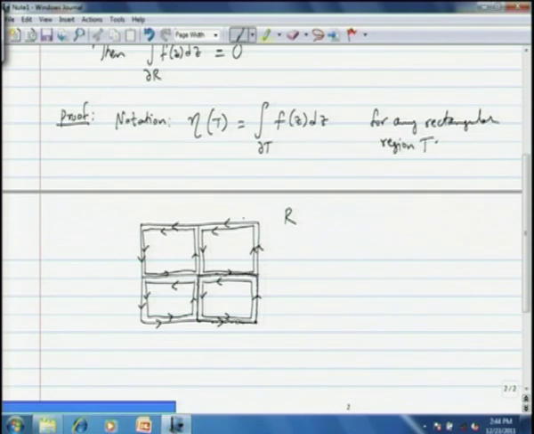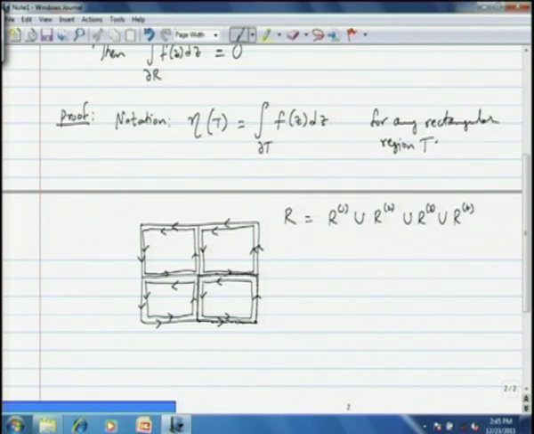So, R is now the union of 4 rectangular regions, R 1 union R 2 union R 3 union R 4.